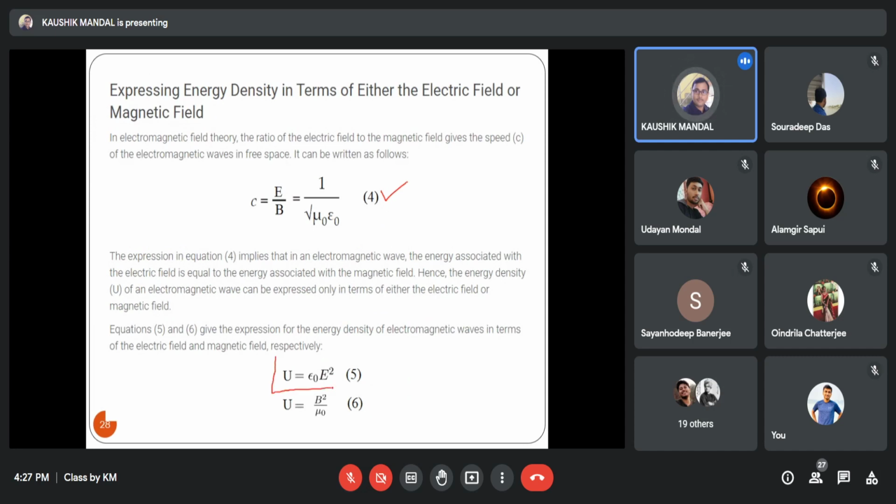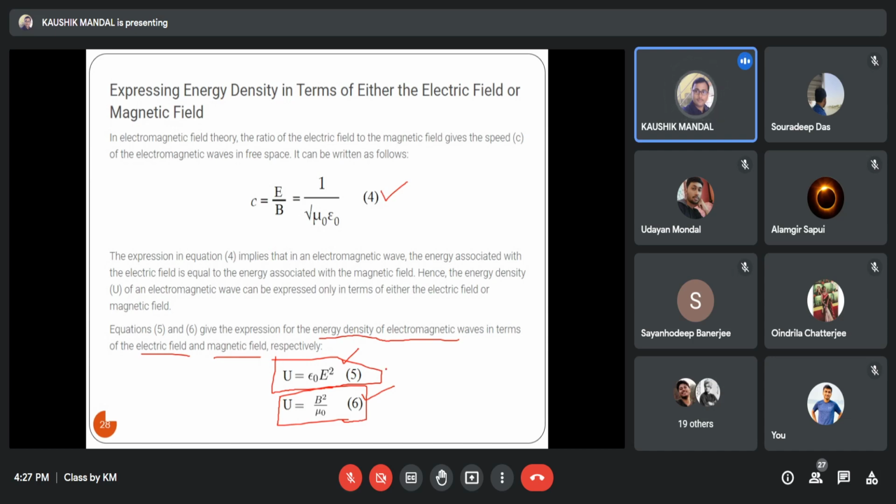These 2 equations are important. That is the average energy density stored in electrical form and magnetic form. So these are the energy density of the EM wave in terms of electric field and magnetic field respectively.